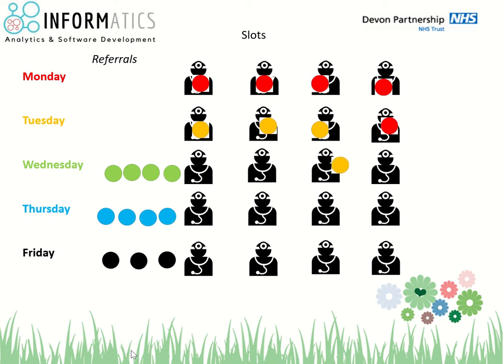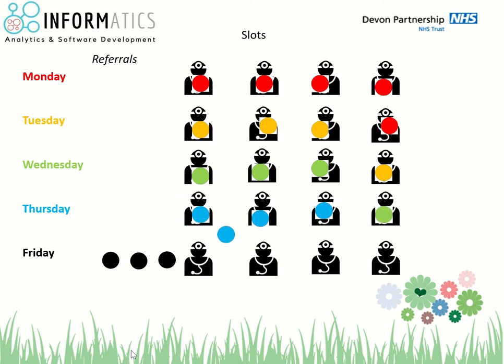Hopefully you can start seeing a little bit of a pattern forming here. That one goes over there, and that one goes over there. Basically, by the end of the week, everybody will have been seen, but looking at whether people were seen on the correct days, this referral, this referral, this referral, this referral were not seen on their days.